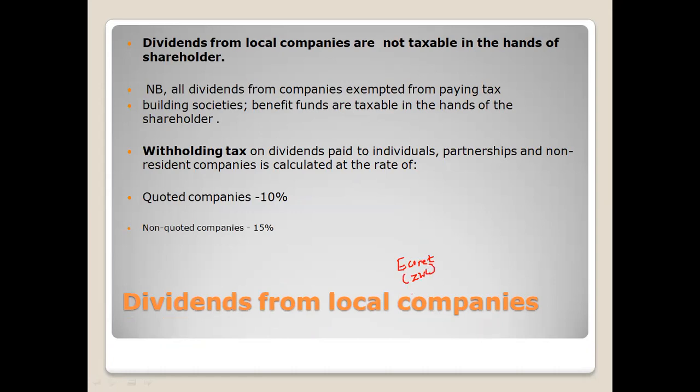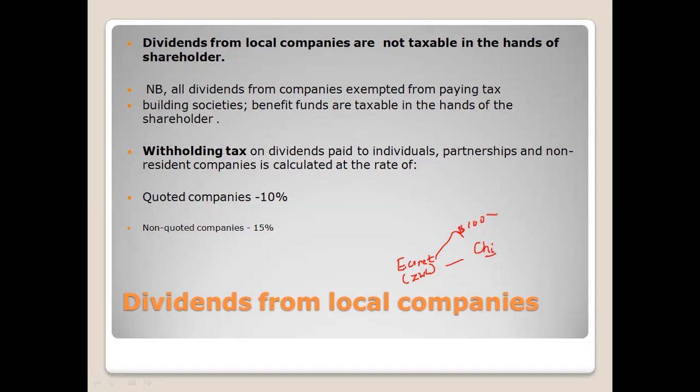So we're saying dividends from local companies are not taxable in the hands of the shareholder. Let's say the shareholder in this case is Mr. Chi, and Econet declared dividends of, let's say, $100.